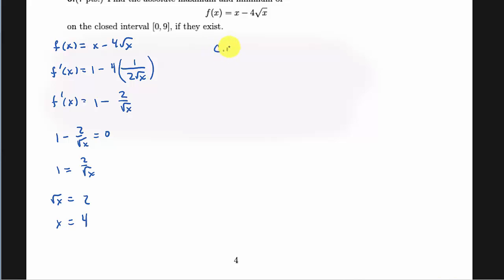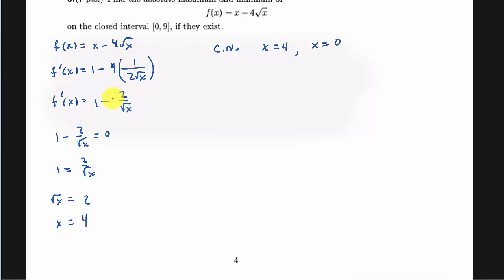So we have critical numbers at x equal 4 and x equal 0. Because remember your critical number is where the first derivative is equal to 0 or where the first derivative is undefined, provided that that number is in the domain of the function.